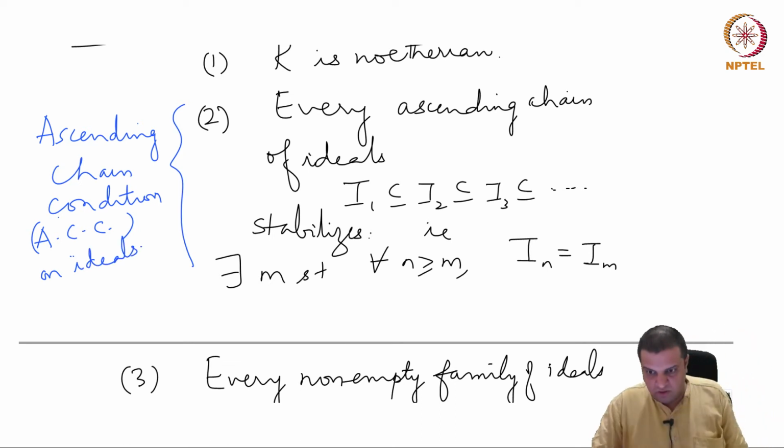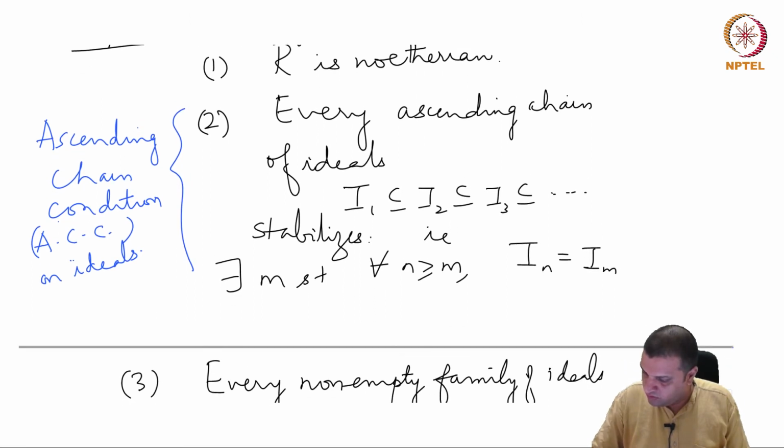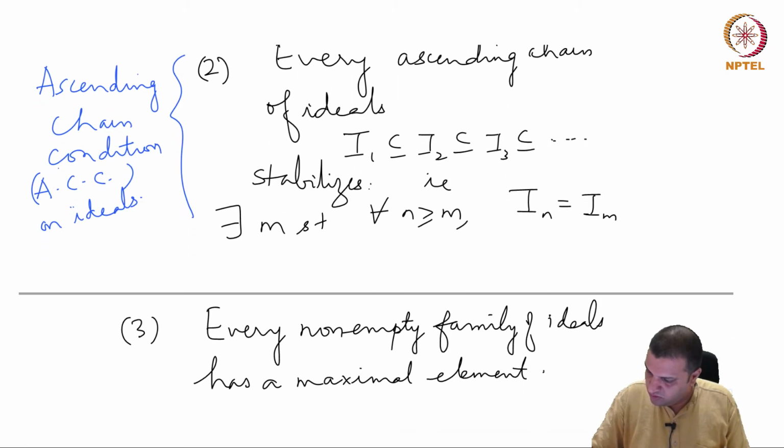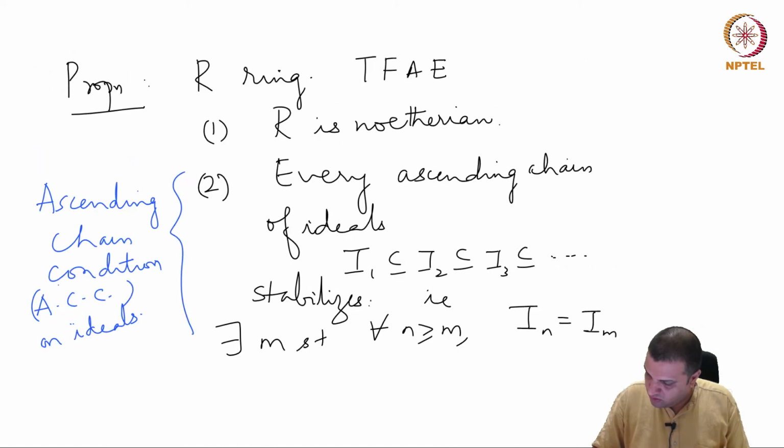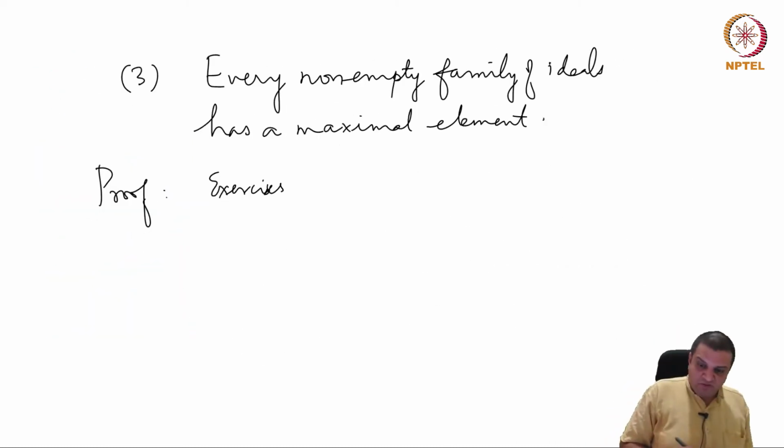So we say a Noetherian ring is characterized by this ascending chain condition on ideals. Okay, the proof will be done in the exercises.